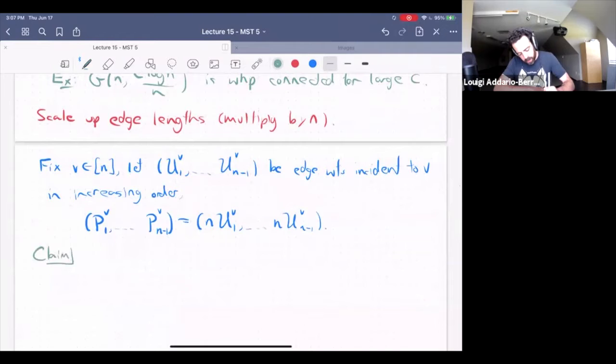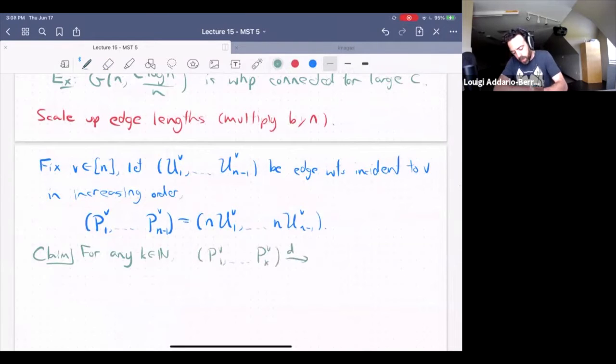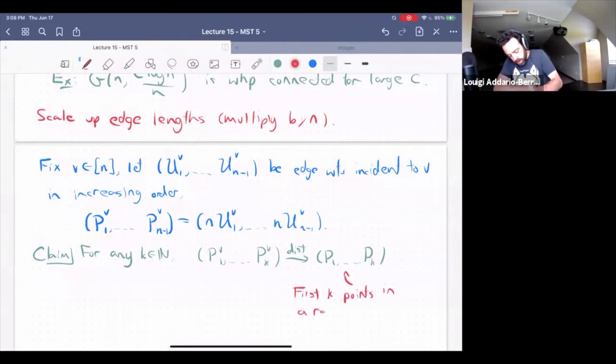I claim that this sequence after scaling looks like a Poisson process, in the sense that for any fixed k, the first k terms converge in distribution to the first k atoms of a rate 1 Poisson point process on 0 to infinity.